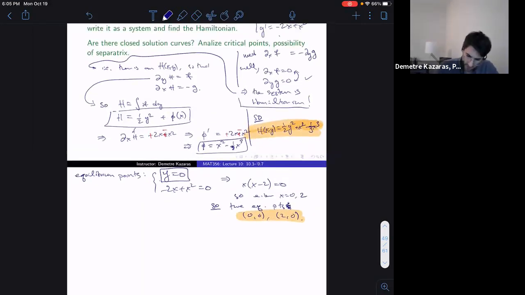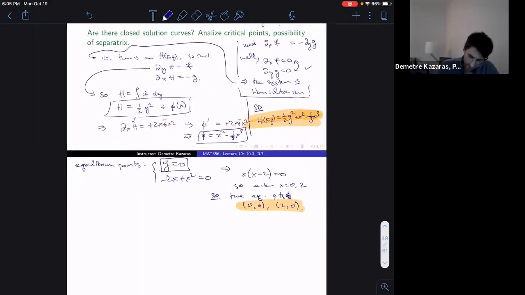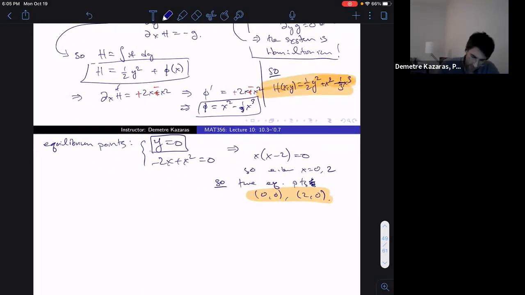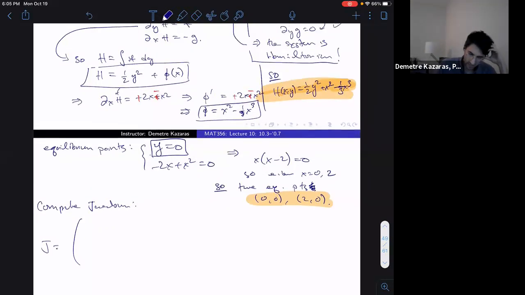So let's compute the Jacobian. Let's take the x derivative of the first function here, that's 0.